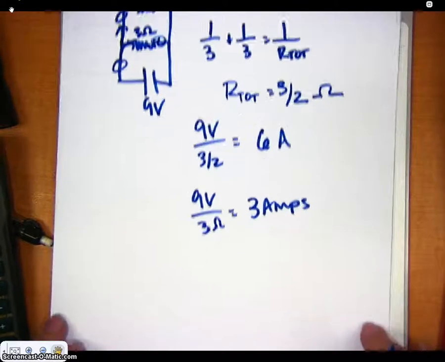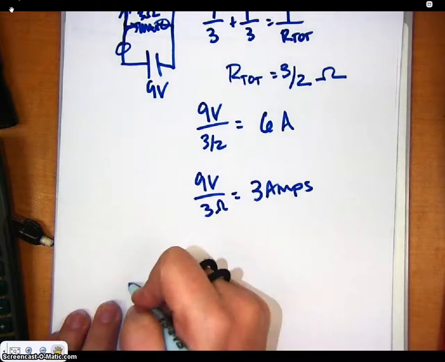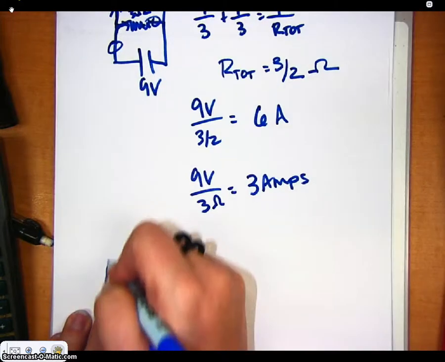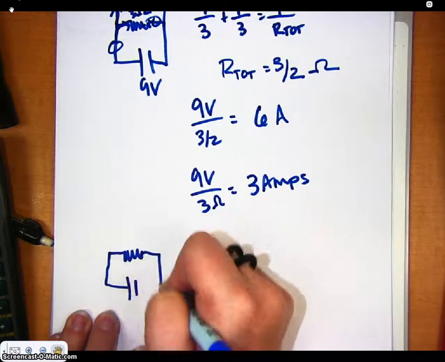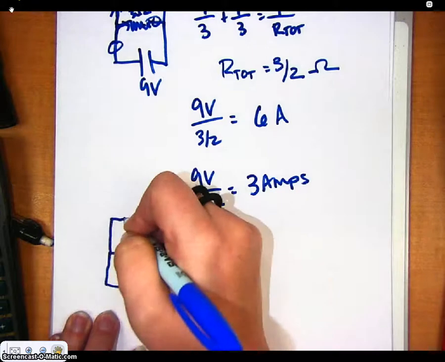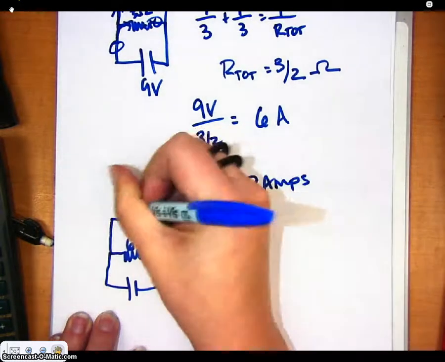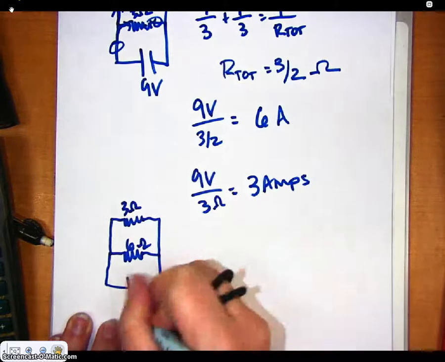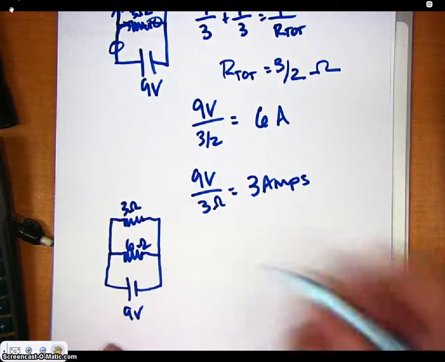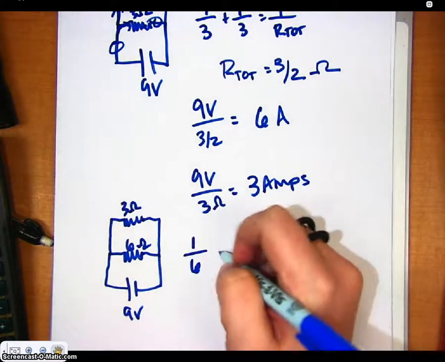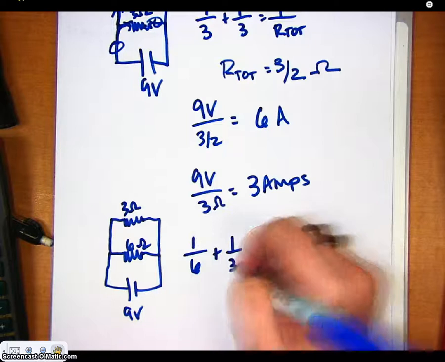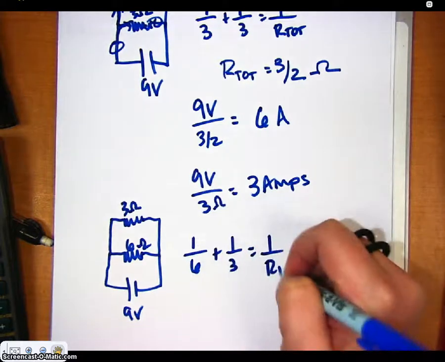All right, let's look at it in terms of a 6 ohm and a 3 ohm in parallel. So I've got a 6 ohm and a 3 ohm in parallel, again a 9 volt battery. So here I'm going to have 1 over 6 plus 1 over 3 equals 1 over R total.